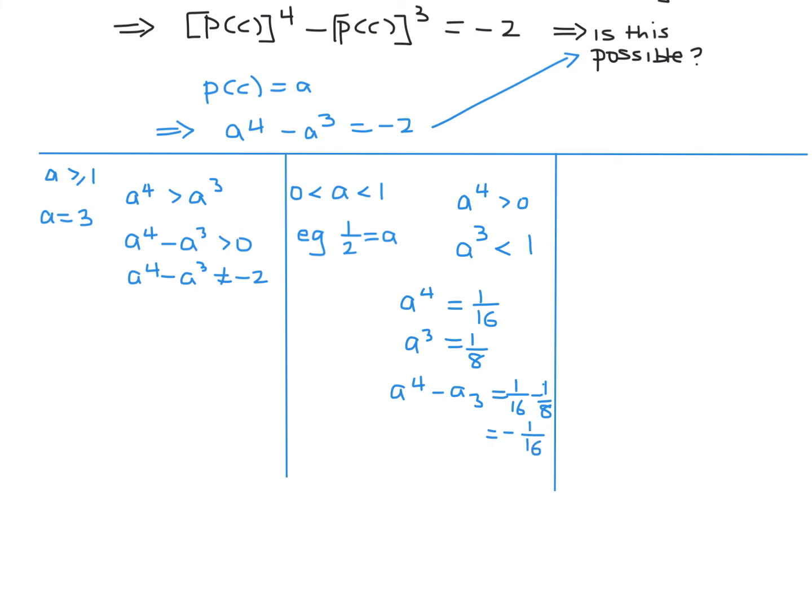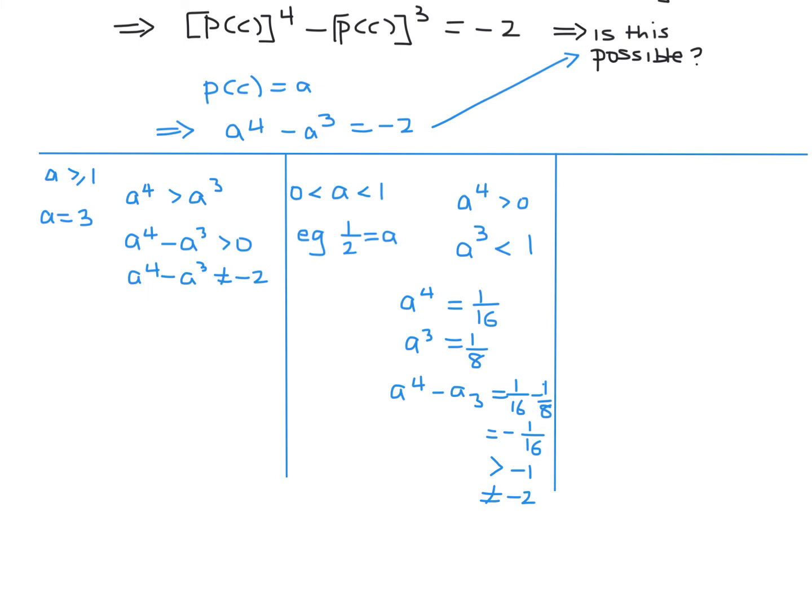So regardless of what value you choose for a, you will find that this number will always be greater than negative 1. You'll never be able to make it less than negative 1. So since we're trying to show that it could be negative 2, it cannot be negative 2. So in this scenario, again, it would not be possible.